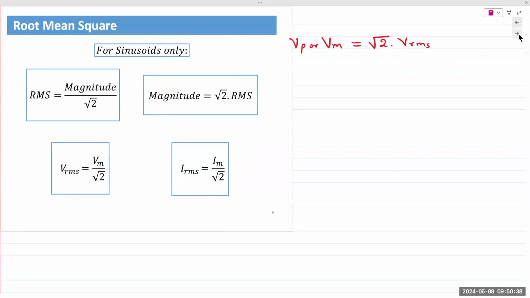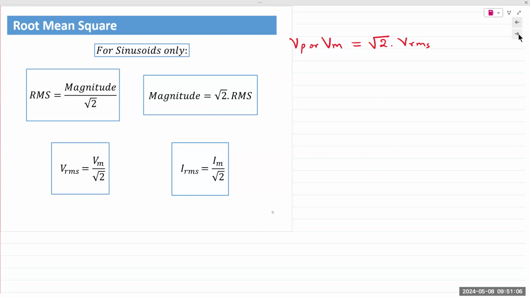So I would ask you the question and take a wild guess. What value are we talking about when we refer to our power outlet as 120 volts? Is it peak or is it RMS? RMS is one single value. Peak value just describes one moment in time.